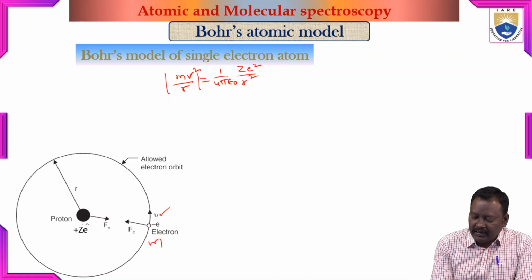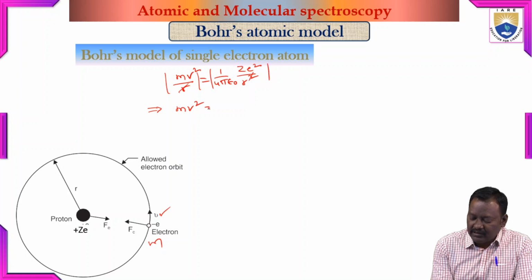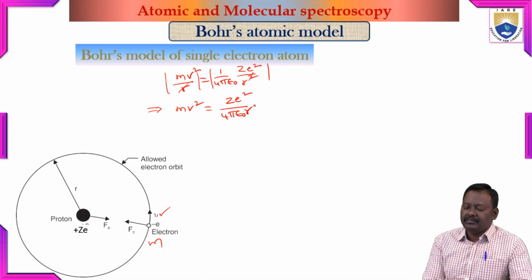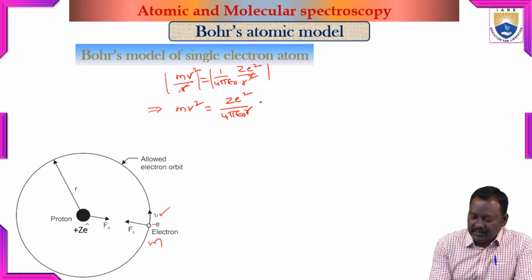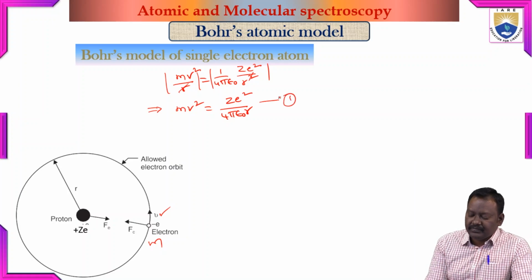So in order to calculate the radius, let us simplify this equation. Here let us cancel r. So mv square equals Z e square by 4 pi epsilon naught r. Let this be equation number 1.